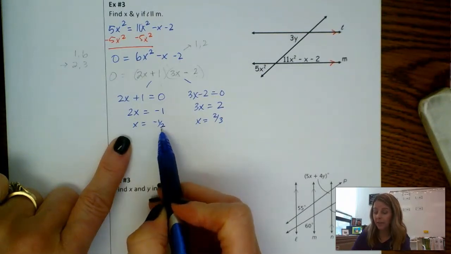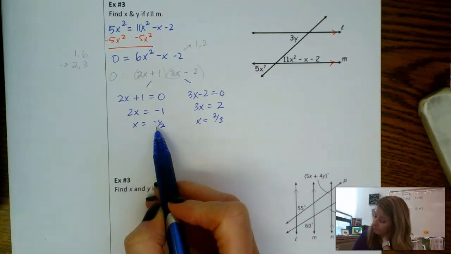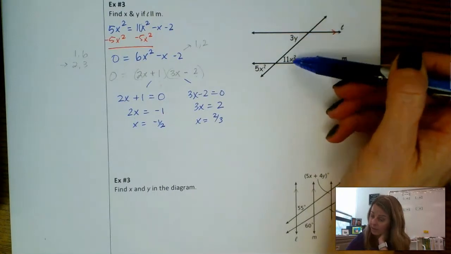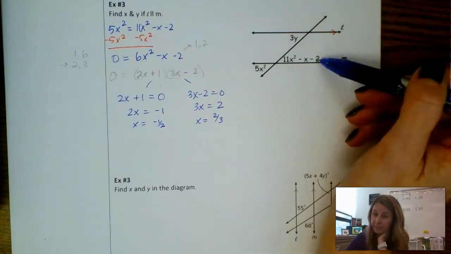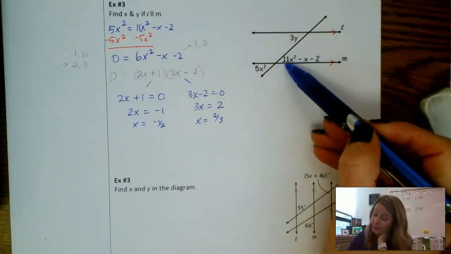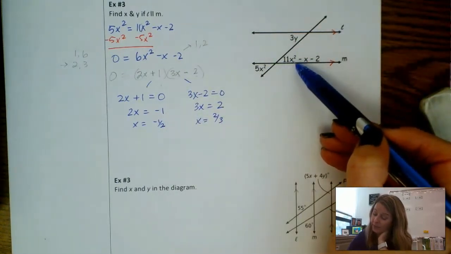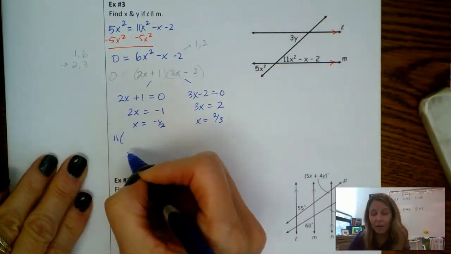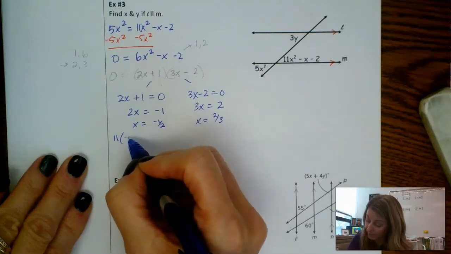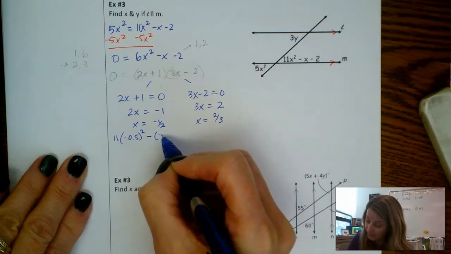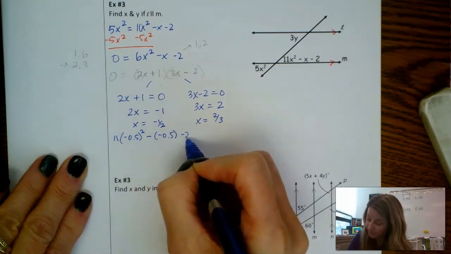If x is negative 1/2, what's the value of y going to be? I know that 3y, this angle here, and 11x squared minus x minus 2 are equal to each other. So I'm going to substitute. I'm going to say 11 times negative 0.5 squared minus negative 0.5 minus 2.